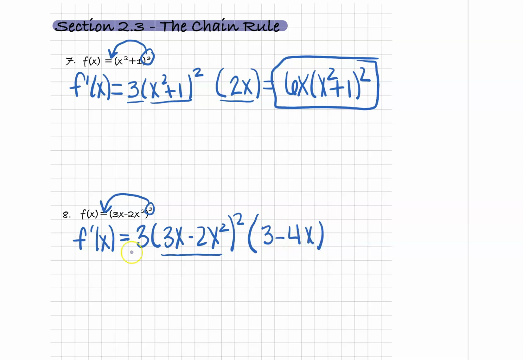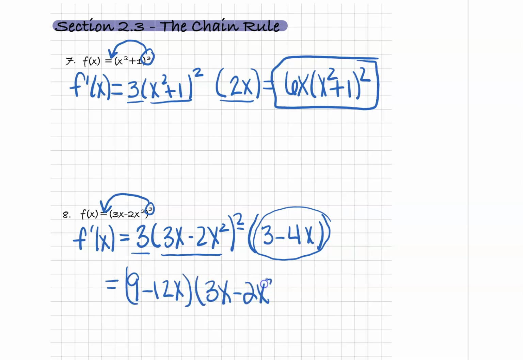And then clean that up. I'm going to distribute the 3 into this grouping because this one's being blocked by the squared. So it gives me 9 minus 12x times 3x minus 2x squared squared. And that would be my final result. So you can see this chain rule is becoming super handy for us.